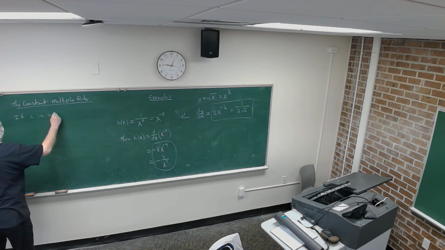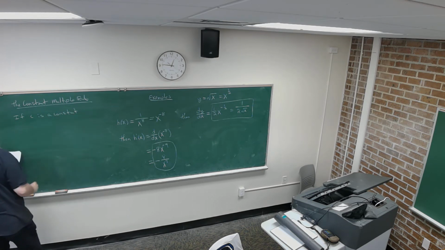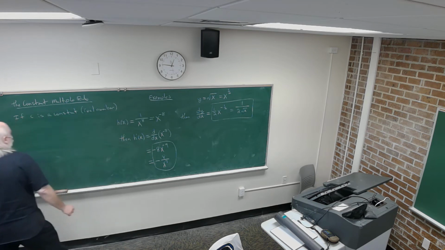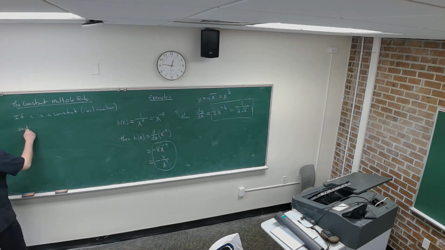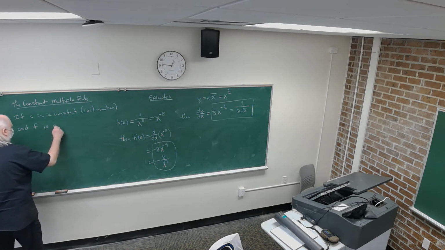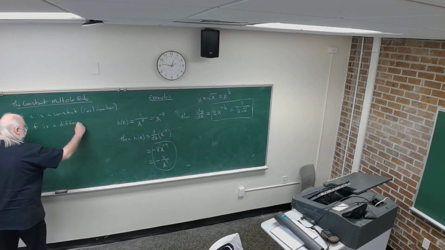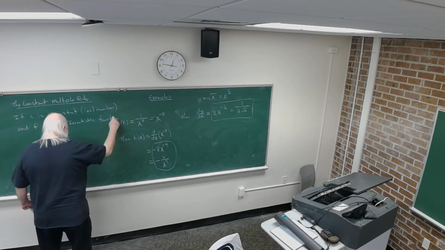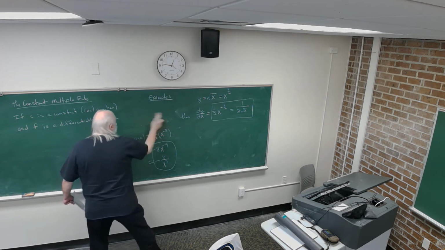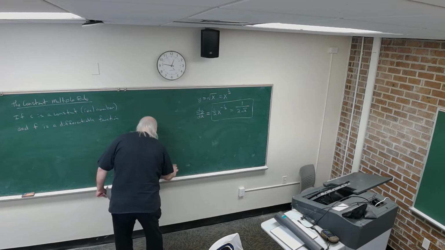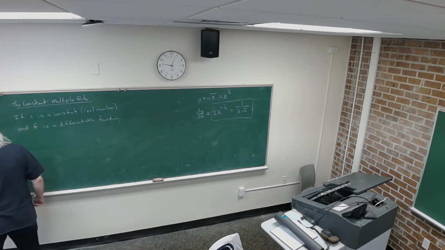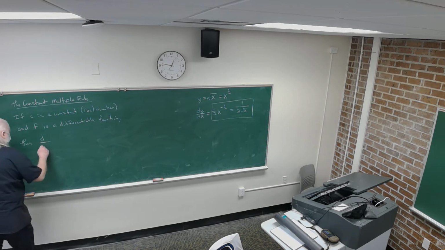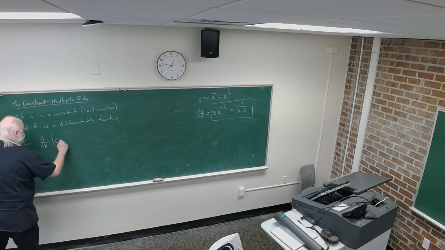If C is a constant, which is a real number, and f is a differentiable function, then the derivative with respect to x of C times f of x.